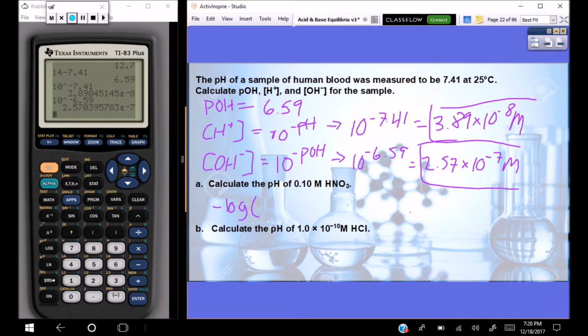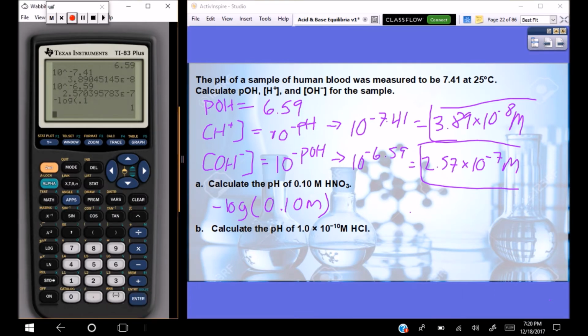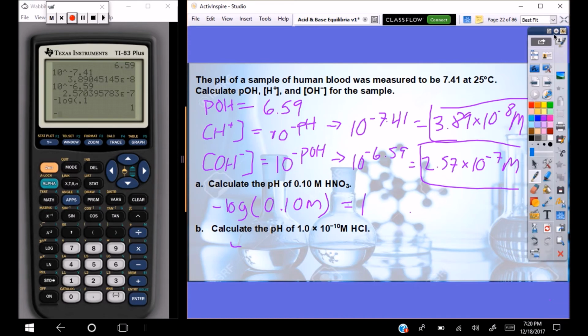Negative log of 0.1. All right, negative log of 0.1 is 1. Now you might want to get used to practicing some logs on your own, especially simple numbers like this, so you don't have to use the calculator. I'm showing it to everyone in the calculator just so that you are aware of the calculations.